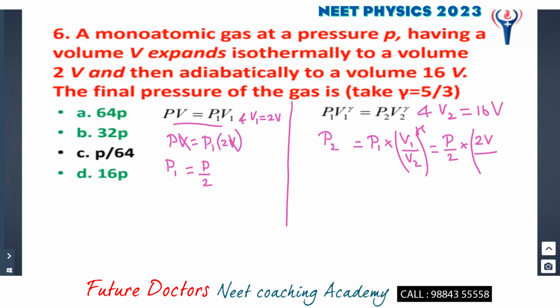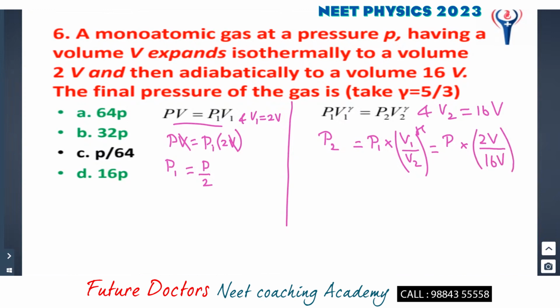Then cancel the possible terms. V gets cancelled. This 2 you can't cancel, because the whole power gamma is there, so you can't cancel inside things. P into V1 is 2V by 16V whole power gamma.